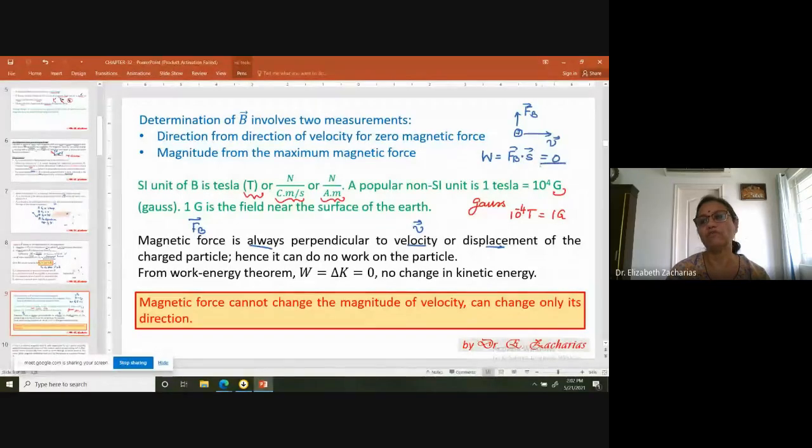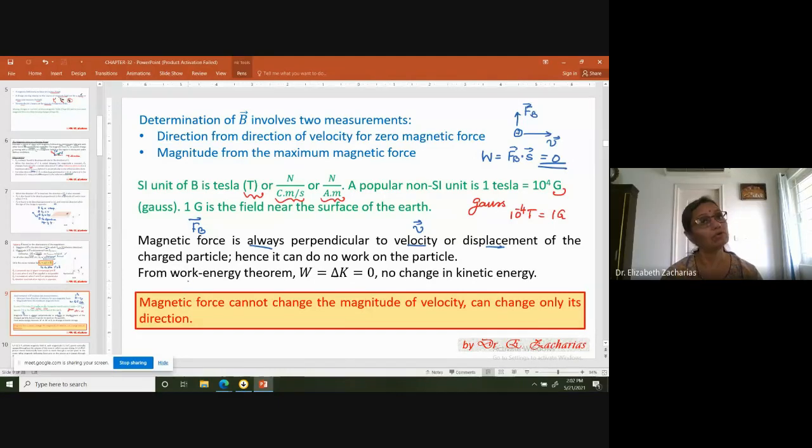Therefore, work done by the magnetic force is always 0 because it's perpendicular to the displacement. So you can safely assume that magnetic force does no work on a moving charged particle.